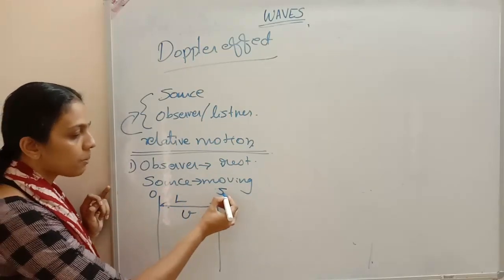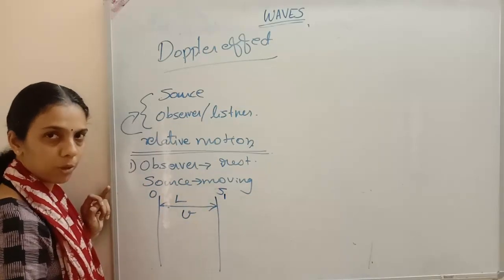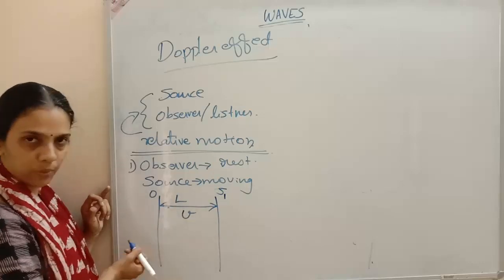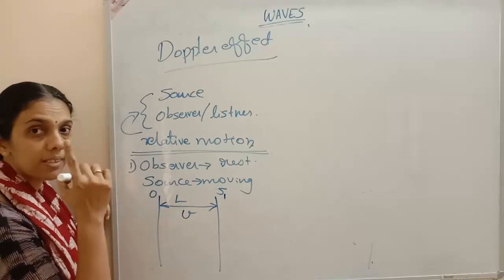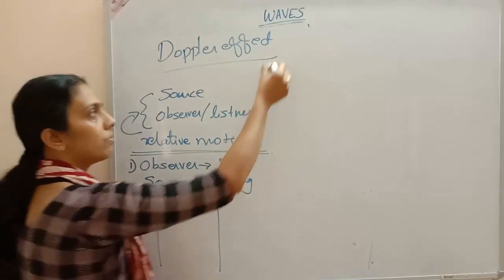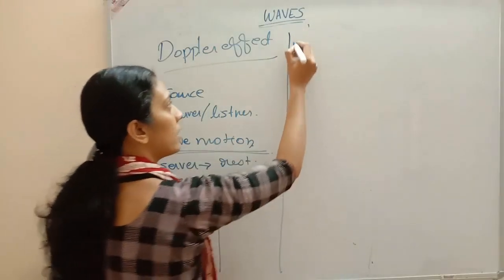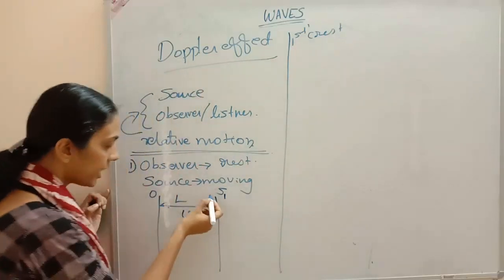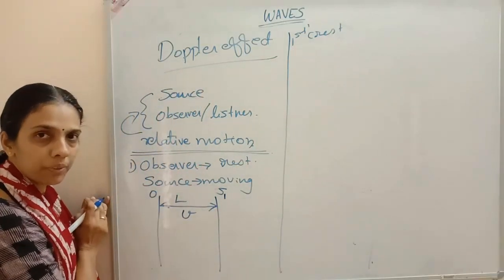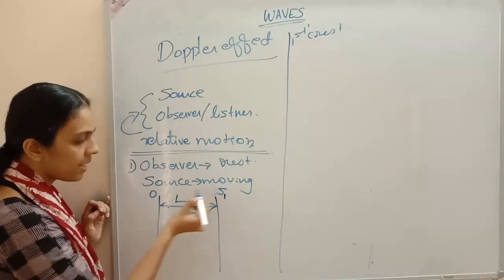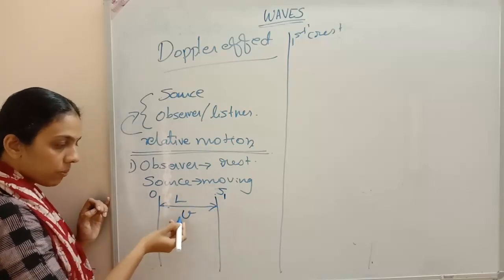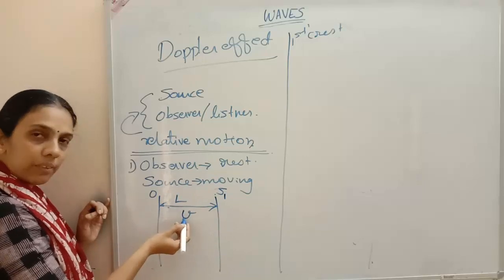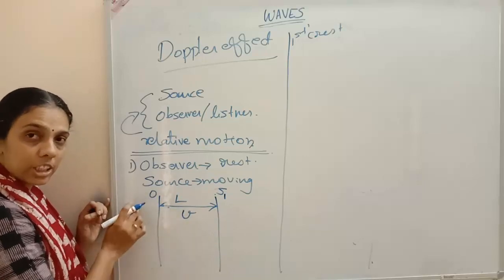Okay, so suppose the source position I am marking S1. At the position S1, it is producing the first crest. The first crest is moving. How long will it take to reach the position O? The wave is moving with velocity v, and after traveling a distance of L with speed v, it reaches the observer.